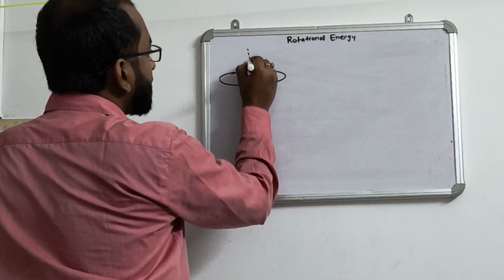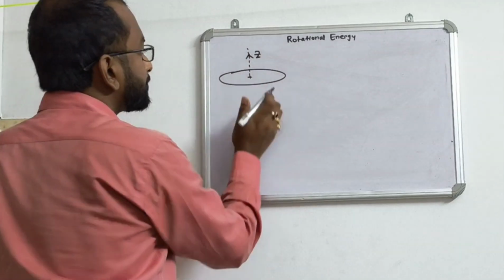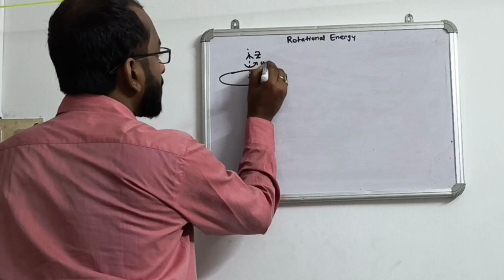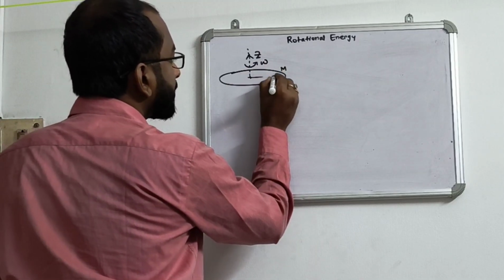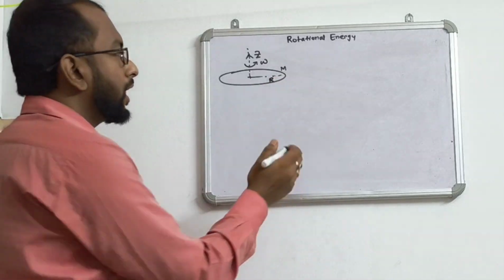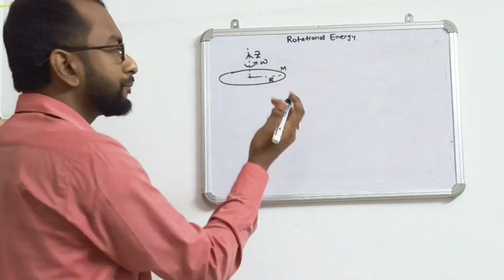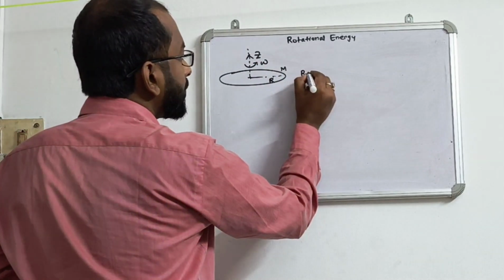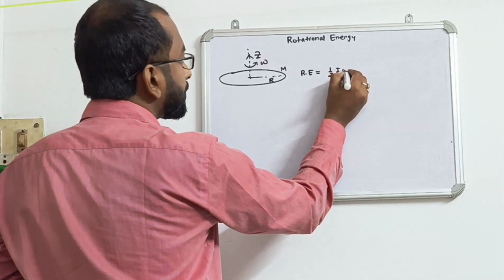So let's say this is a disk which is rotating with respect to the z axis with angular velocity of omega. Its mass is given as m and the radius of this solid disk is given as r. If I ask what will be the kinetic energy for this rotating disk, the rotational kinetic energy will be half of I into omega square.